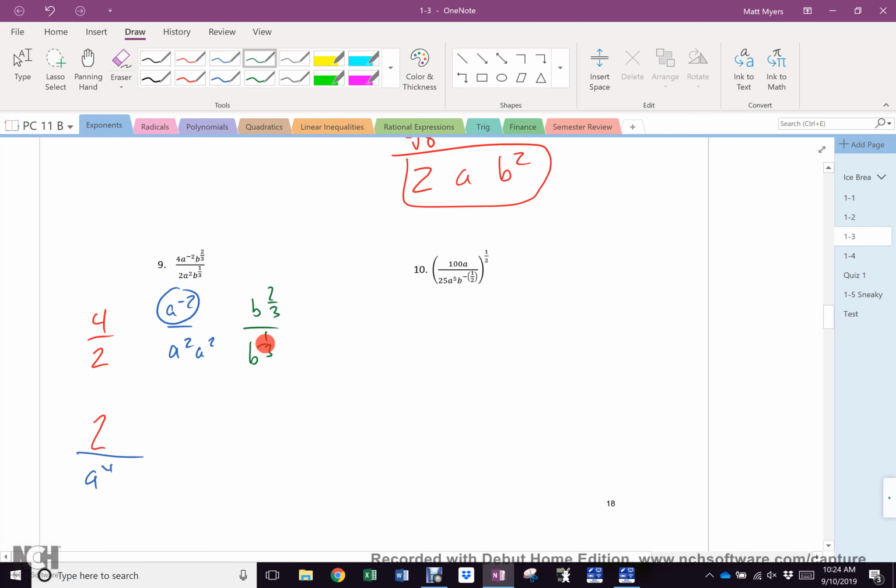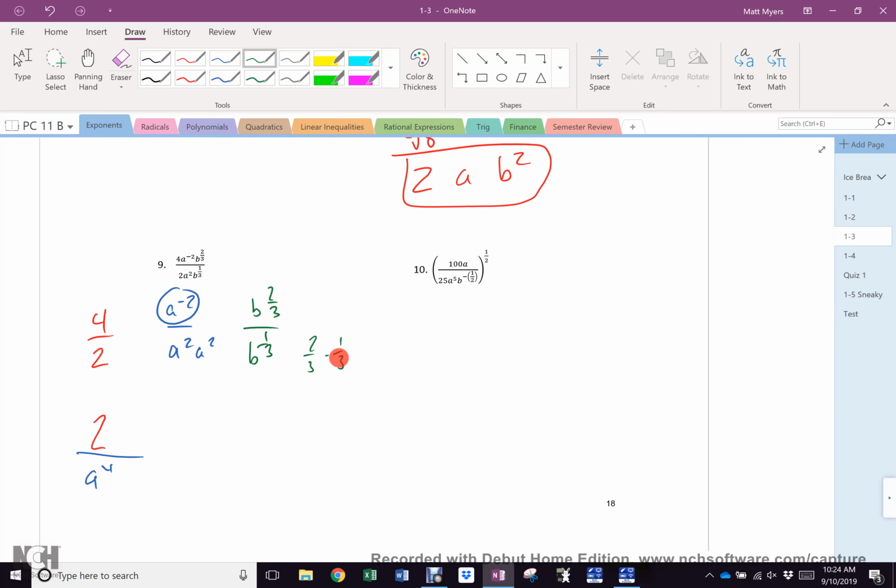What should I do here? 2/3 minus 1/3. Now I know fractions scare you, but if each of my fingers is worth 1/3, there's 2 of them. Take away 1. Don't take away my index finger. One.